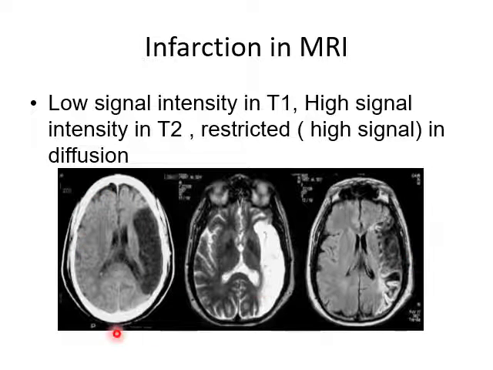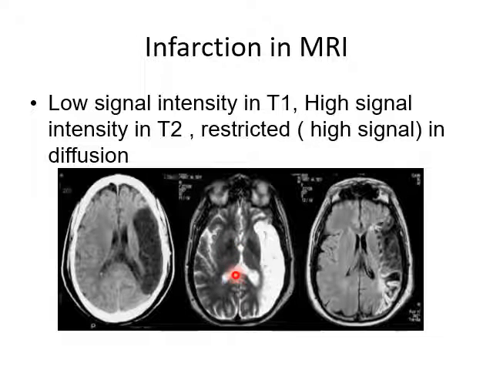This is a CT showing a hypodense lesion here, and this is the MRI of the same patient. This is the T1 because CSF is black, and this is the T2 because CSF is white.